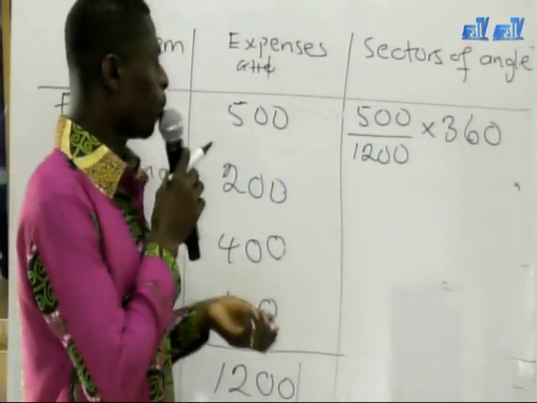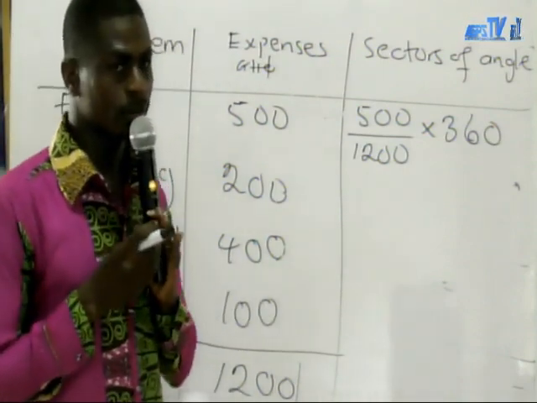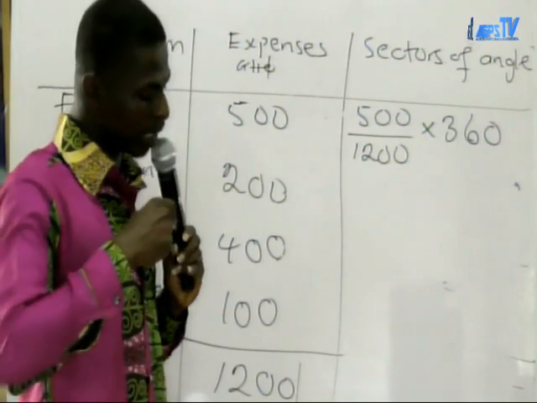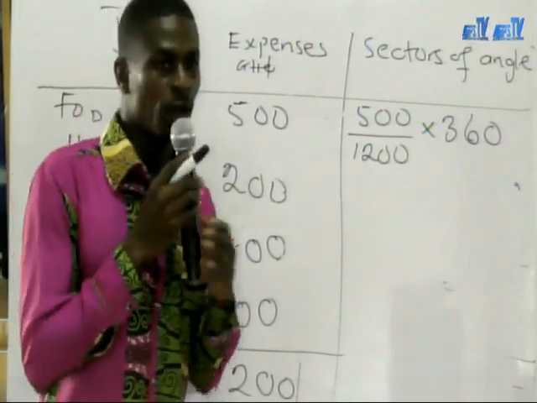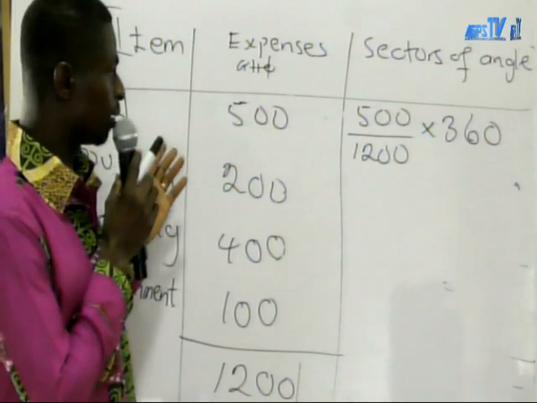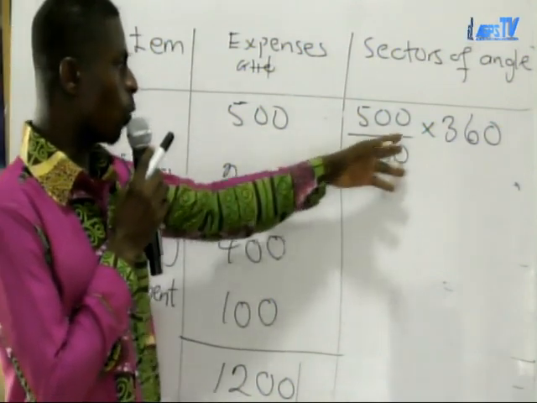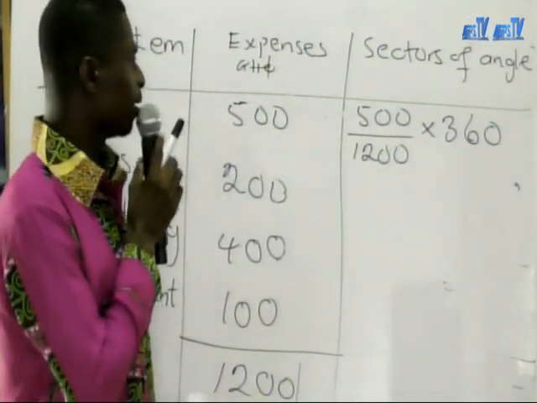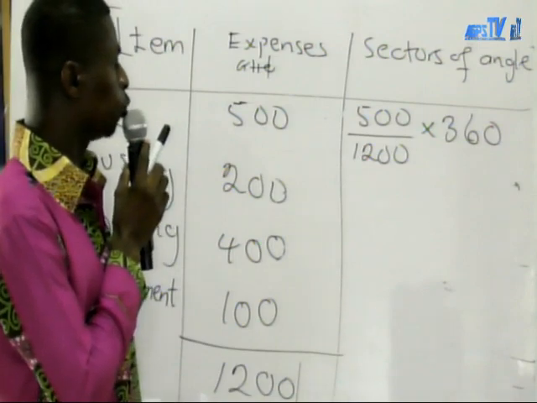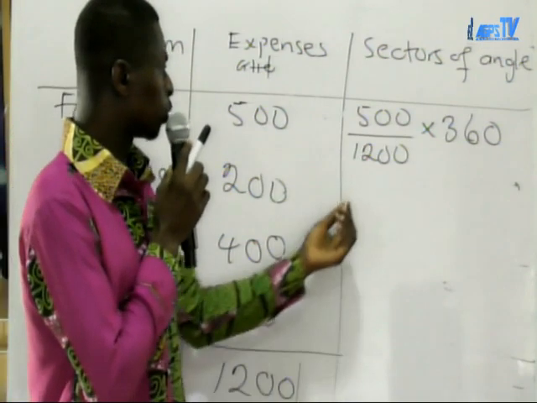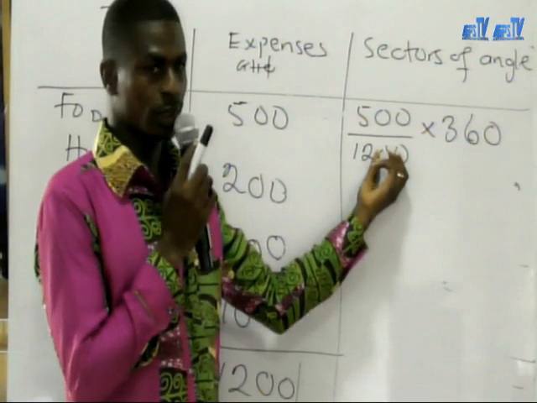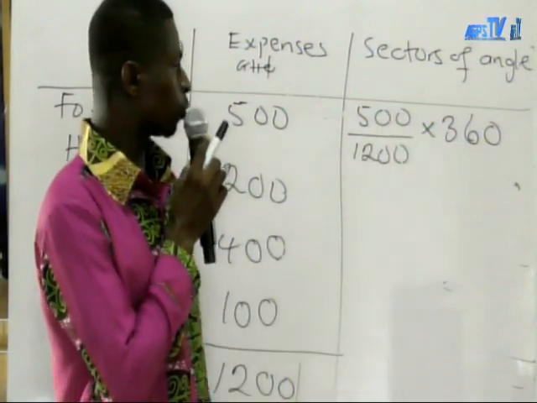Now, we can do our cancellations. And then you can take your time and show the examiner how these cancellations can be done. But if you want to go by a simple way, then it is not too difficult to do at all. You will discover that these two zeros can nullify these two zeros.